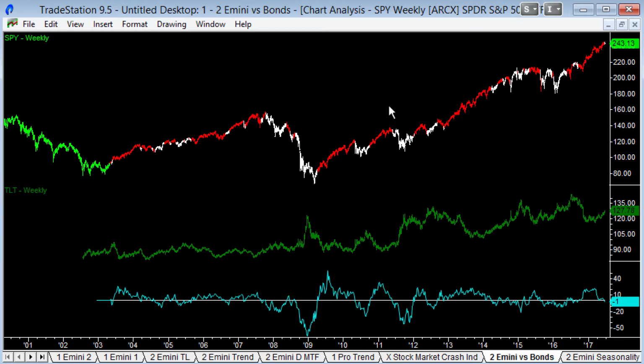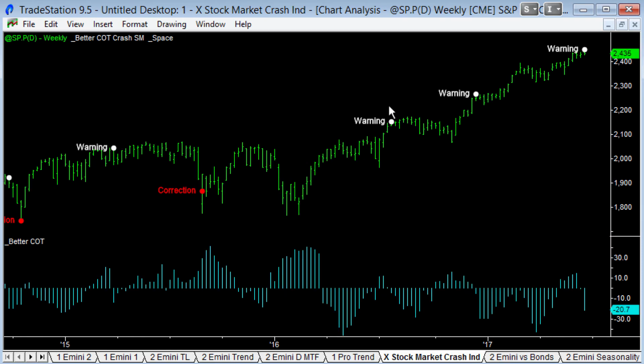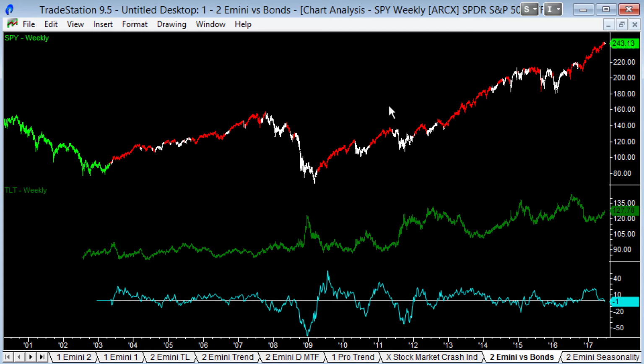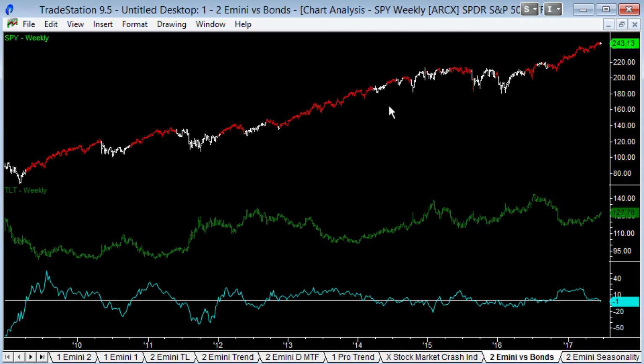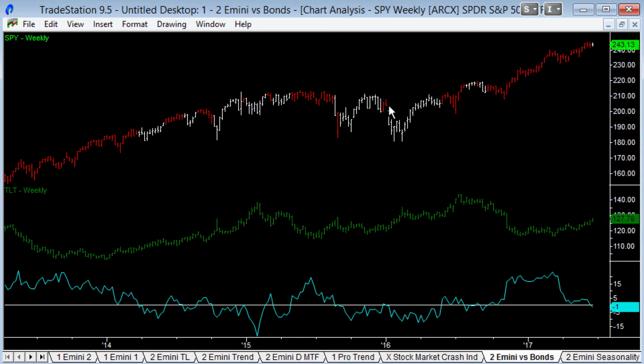But the reason I'm highlighting this is because we got these two things going on at the same time. The commitment of traders popped up with a warning signal, and the long-term bond market oscillator has crossed the zero line, and it shows that we've had this period of strength in equities, strength in bonds, where we could have some professional profit taking going on, and that's what's led to the strength in the bond market.